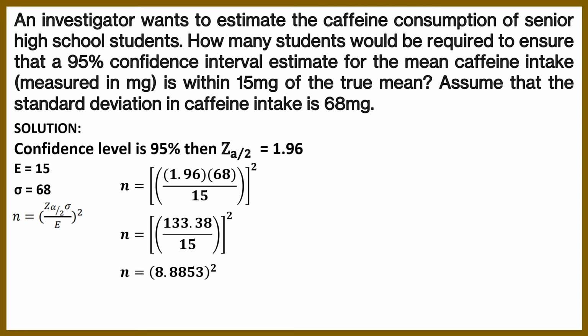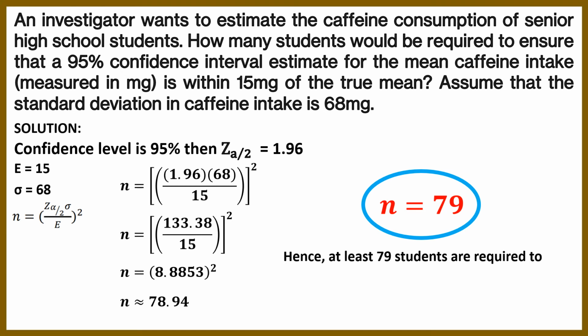So 8.8853 times 8.8853 is approximately 78.94. Okay, so therefore, the sample size is equal to 79. So ni-round up natin siya. So hence, at least 79 students are required to participate to ensure a 95% level of confidence.